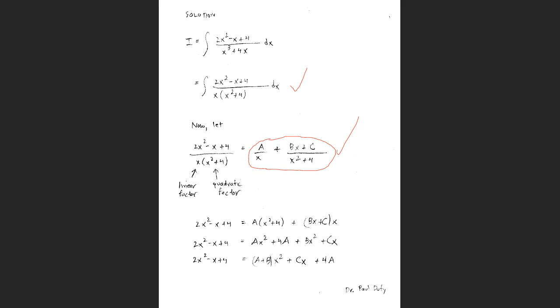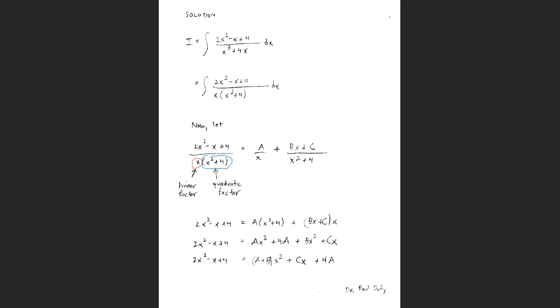Okay, so, well, now in this case, we have a linear factor. When we factor the denominator, we get x times x squared plus 4. So in this case, we have a linear factor and we have a quadratic factor.